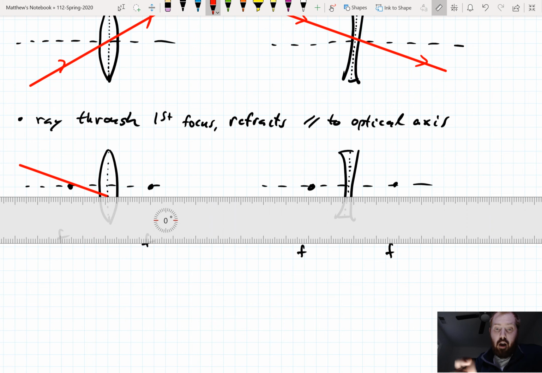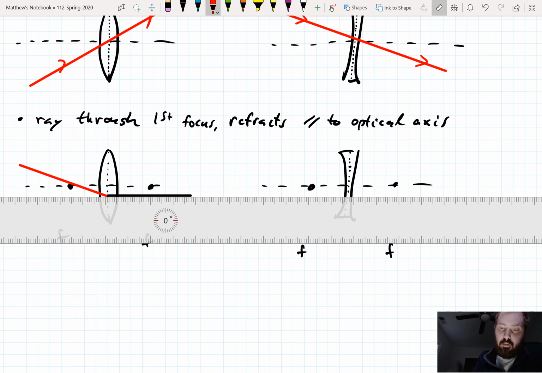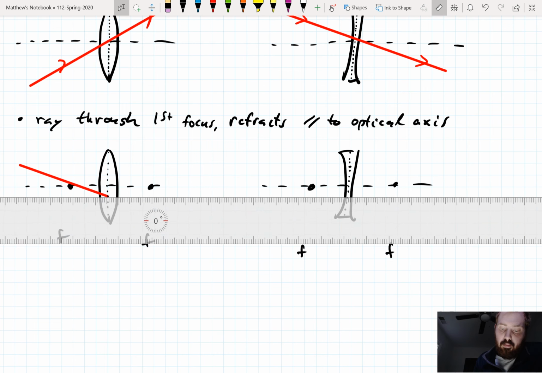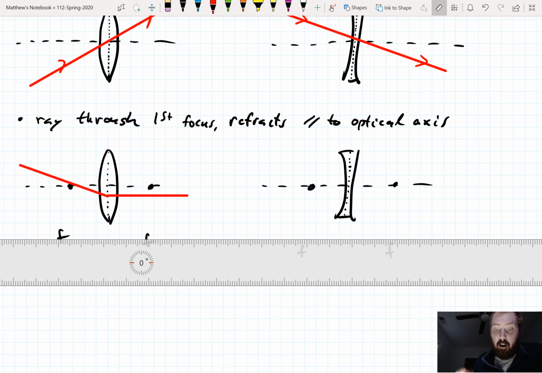Cross through the first focus. You come out nice and parallel to the end.